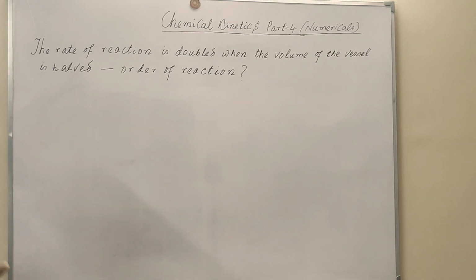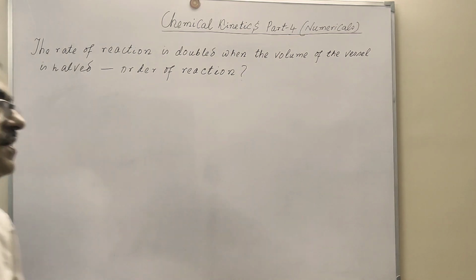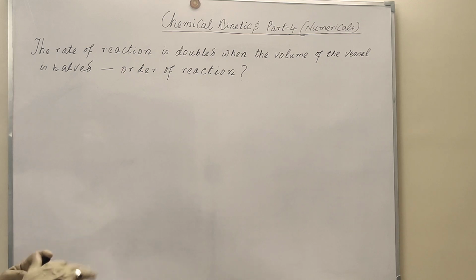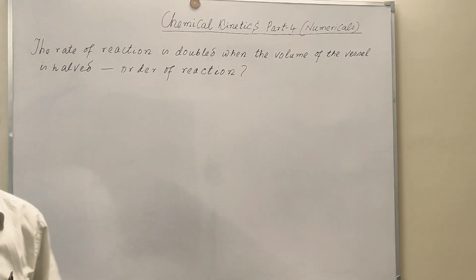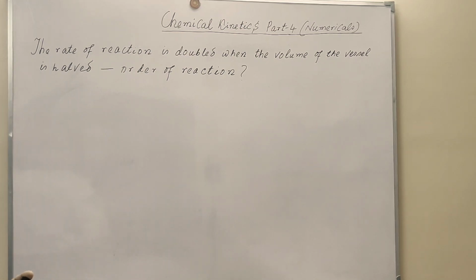Student, this is the second question. In the second question, we have to determine the order of the reaction, where you have been given a different format of the question, that is numerical. The rate of the reaction is doubled when the volume of the vessel is halved. Right?